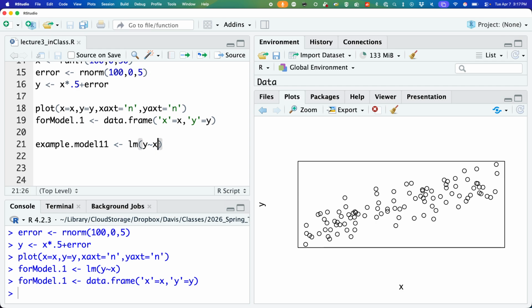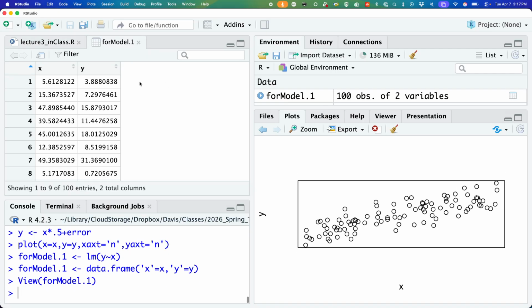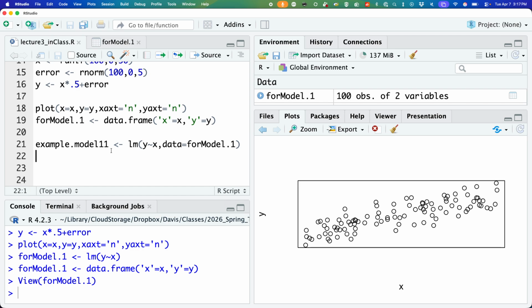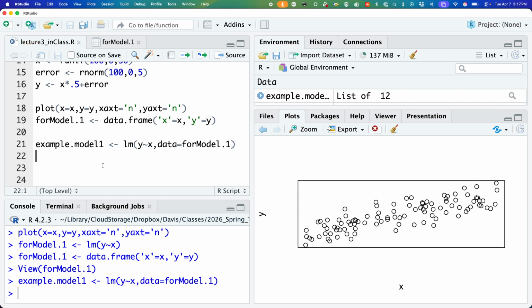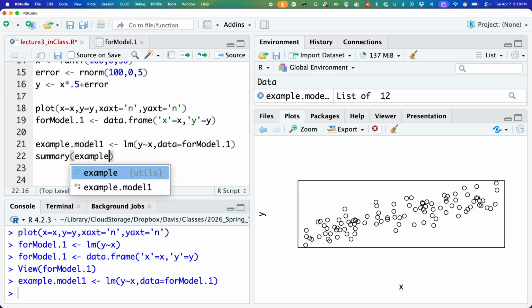And here I can call in that data frame and use, without quotations, the names of the columns in the regression equation, as opposed to calling the objects as vectors directly. Okay, and so all that's doing is I just made a table of the x and y's, and then I called the table.